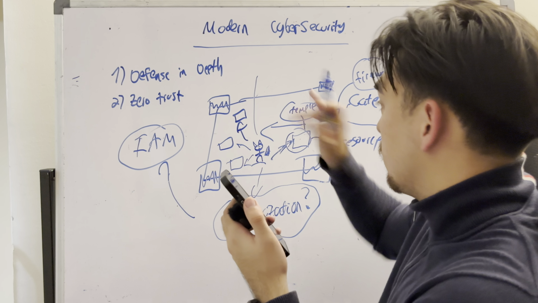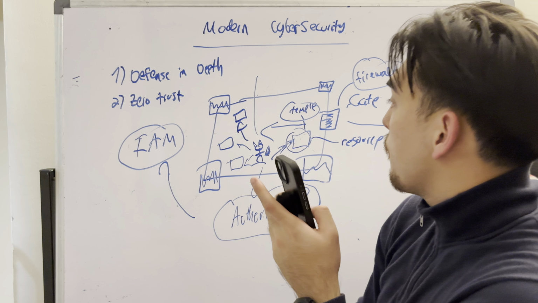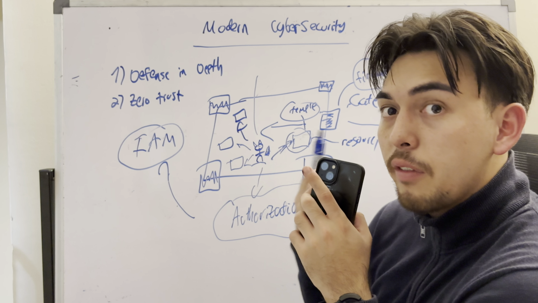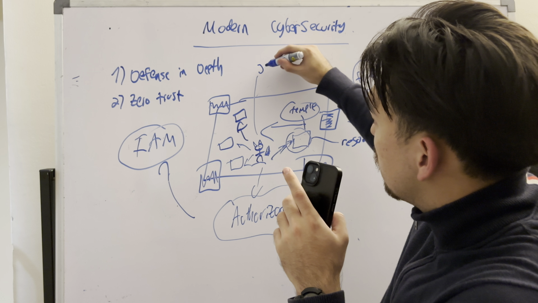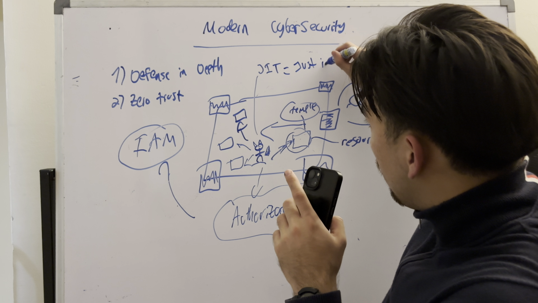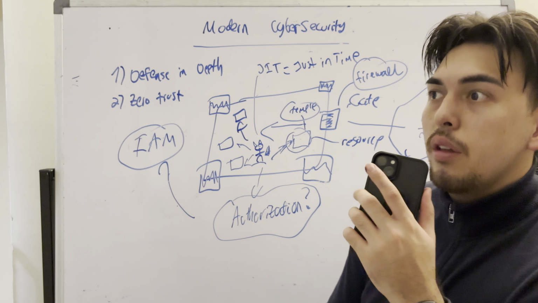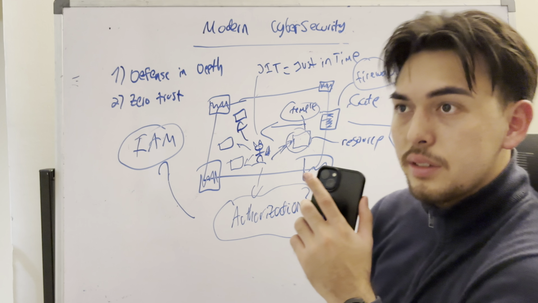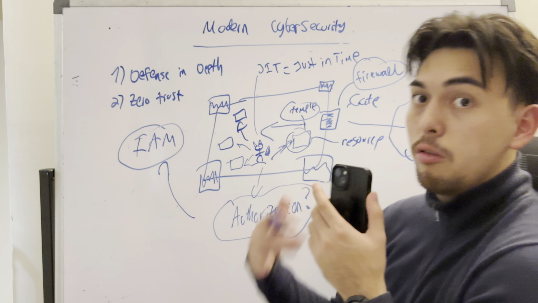On top of authorizing what type of access you can have to resources, there are specific things such as JIT, just in time, where even though you are allowed to go into the temple, there is a time bound. Let's say you can only go into the temple for 5 minutes, and afterwards your tokens expire and you need to re-authenticate and re-verify.